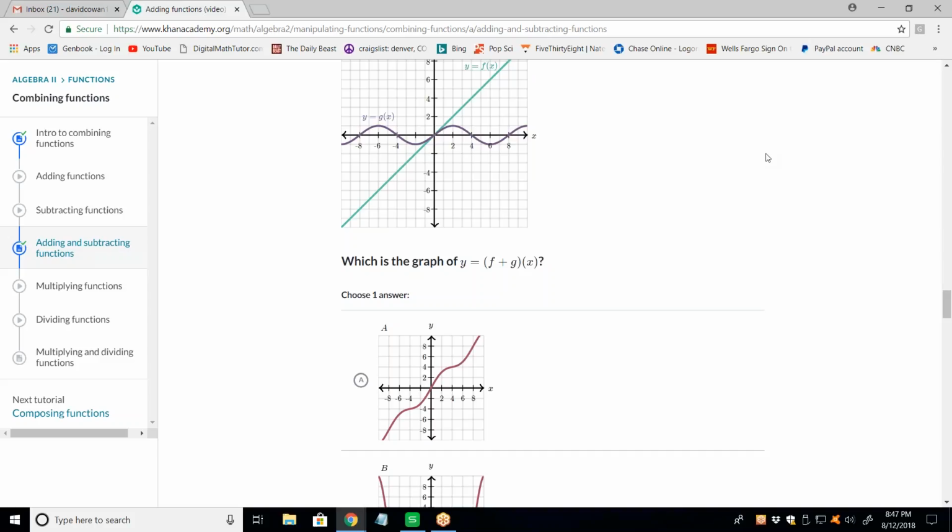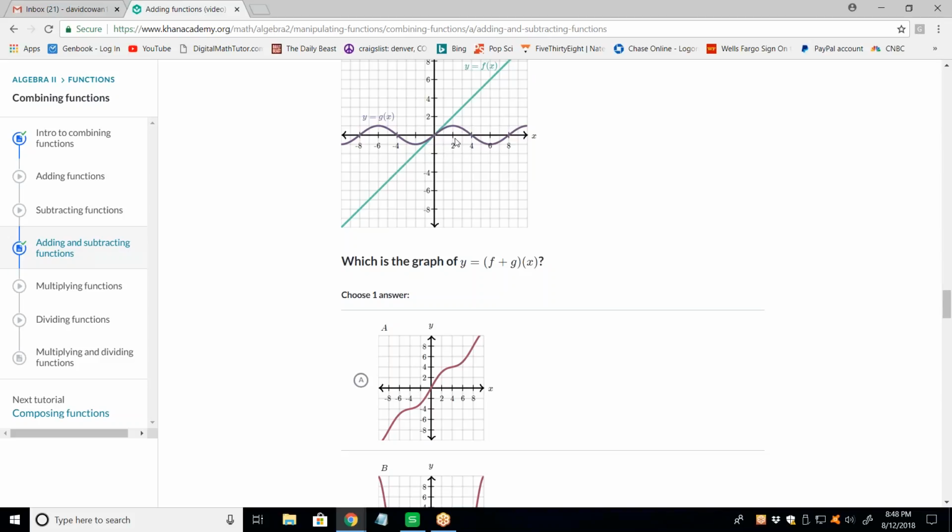And how do you tell? You're not going to be able to tell by slope. But what you will be able to tell is adding the two, because that's what they're asking us to do, add f plus g.